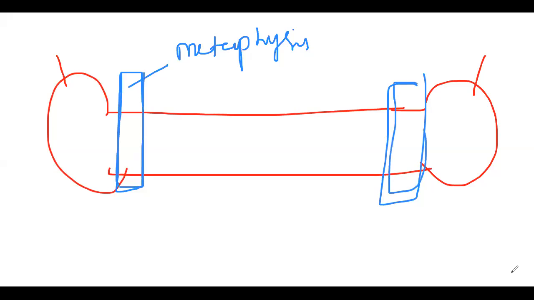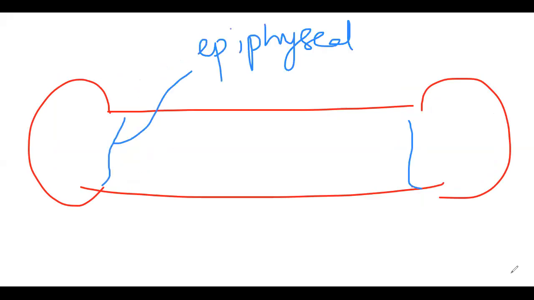That means the growth will happen like this. Okay. That means when the age continues, 18, 19, 20, when it comes here, you don't find that metaphysis. What you can see there is a small line like this, which we call the epiphyseal line.